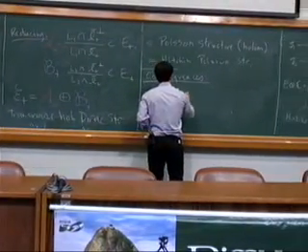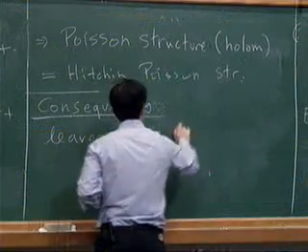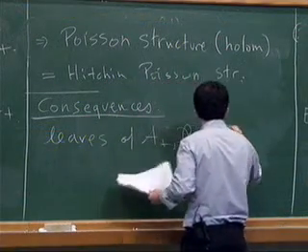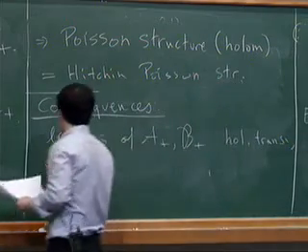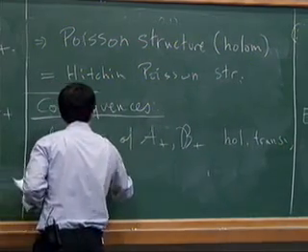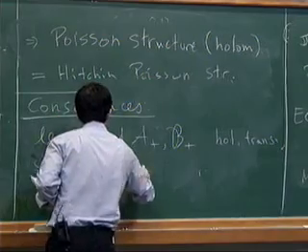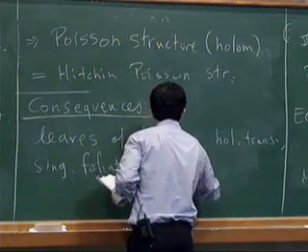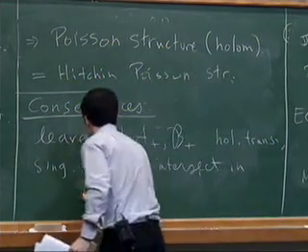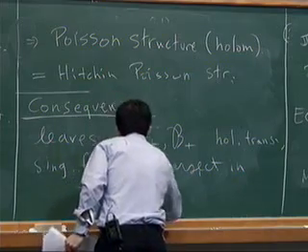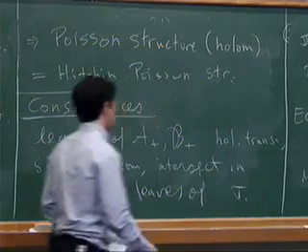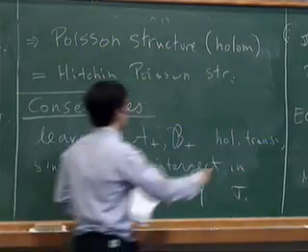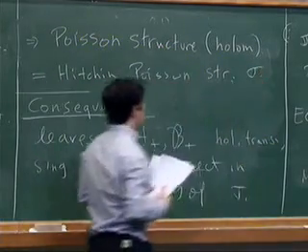So the leaves of A plus and B plus are holomorphic, transverse, singular foliations, which intersect in the symplectic leaves of the Hitchin-Poisson structure. The Hitchin-Poisson structure is called sigma.